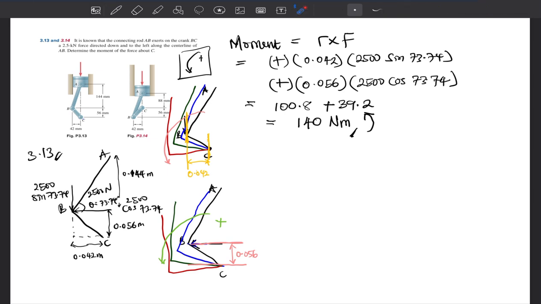So as you can see, whether we take our force acting at point B or point A, we got the same answer of 140 Newton meter. Which shows that the principle of transmissibility is verifiable.